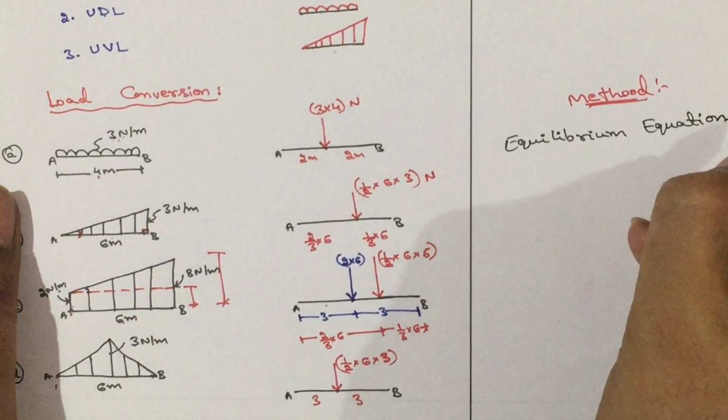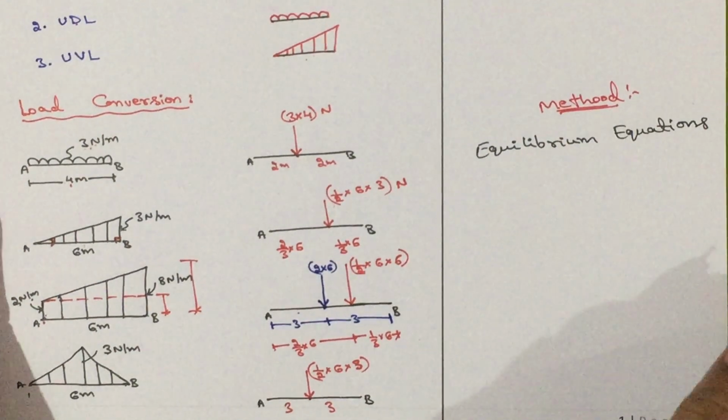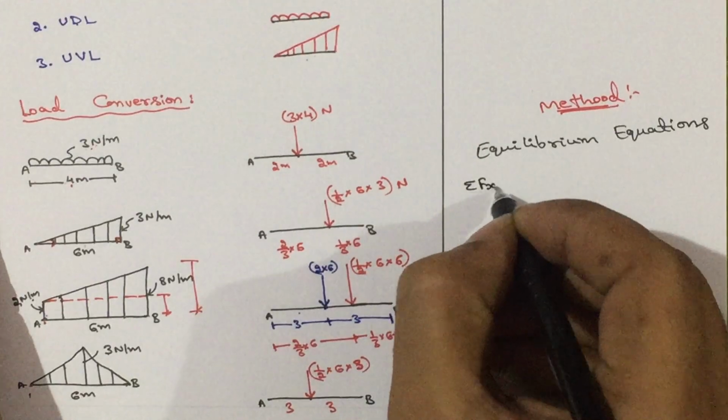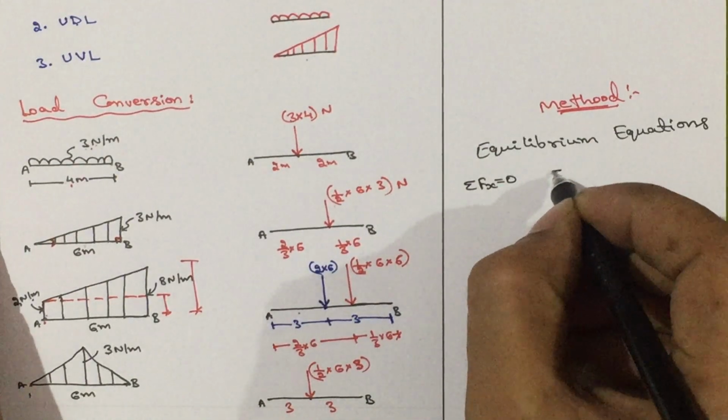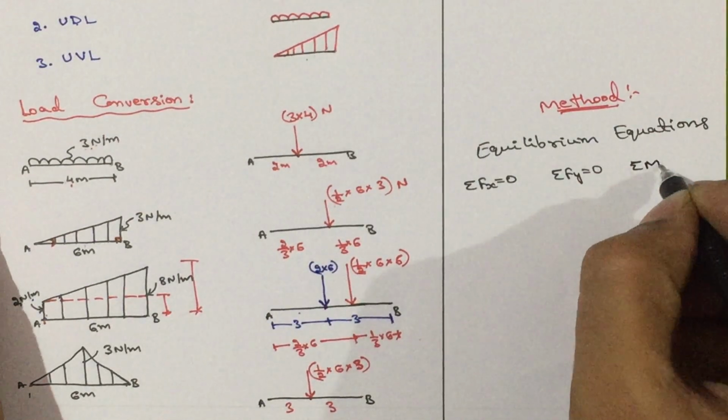We already know that for a coplanar non-concurrent force system, we have 3 conditions of equilibrium. They are sigma Fx is equal to 0, sigma Fy is equal to 0, and sigma M is equal to 0.